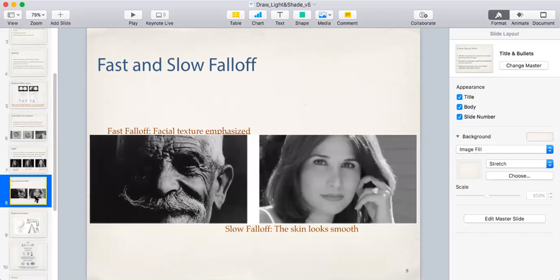Again, it is a comparison between fast and slow fall off. When shooting an old man, most photographers prefer a fast fall off. High contrast, the wrinkles will become very obvious. And this is slow fall off.